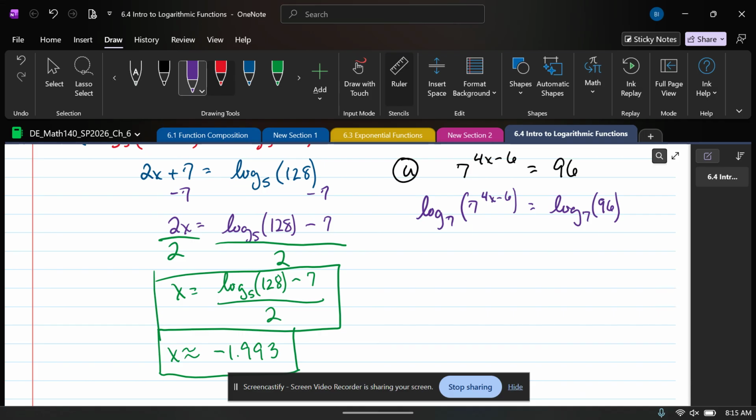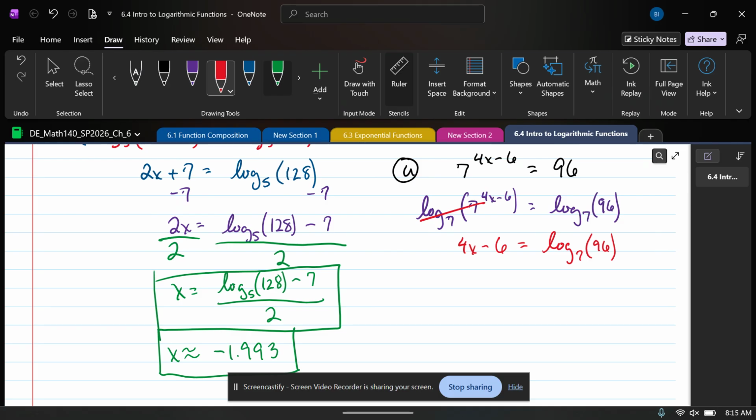And then what happens on the left-hand side? So all we're left with is that 4x minus 6. And then remember, log base 7 of 96 is a decimal number. It's kind of an ugly number, a lot of decimals there, but it's just a number. So we're going to leave it like that until the very end.